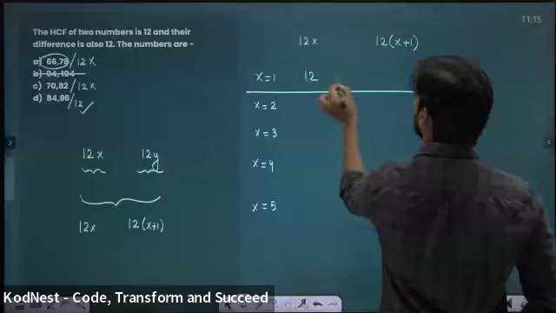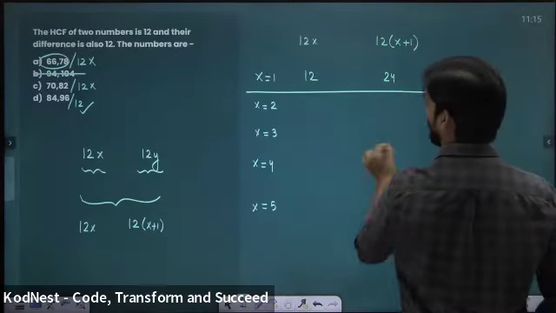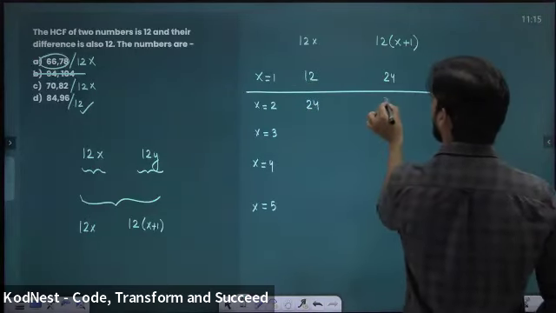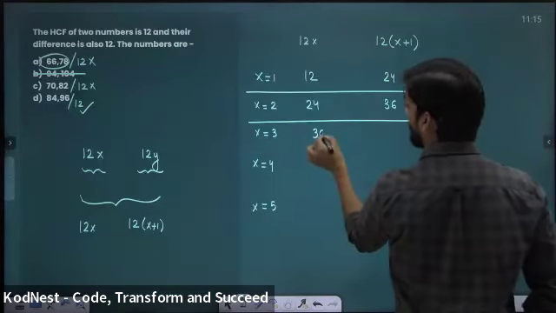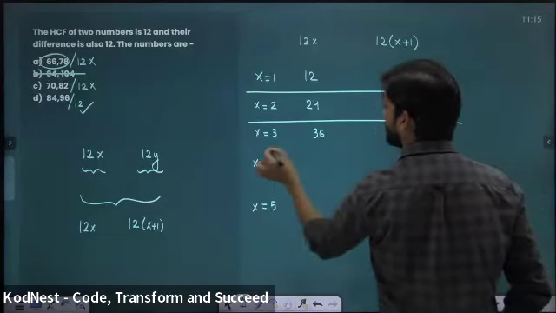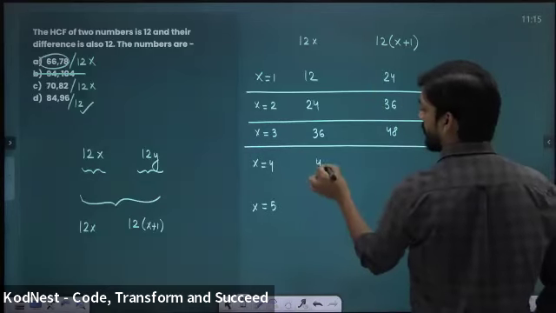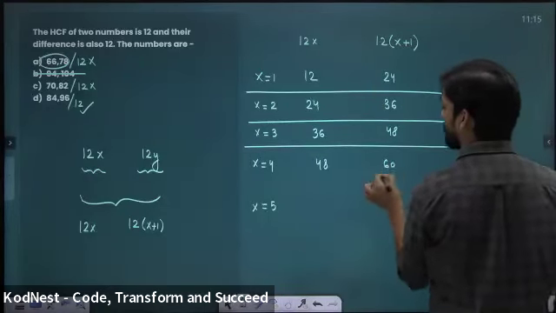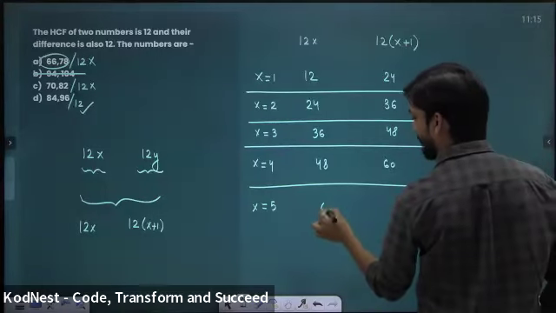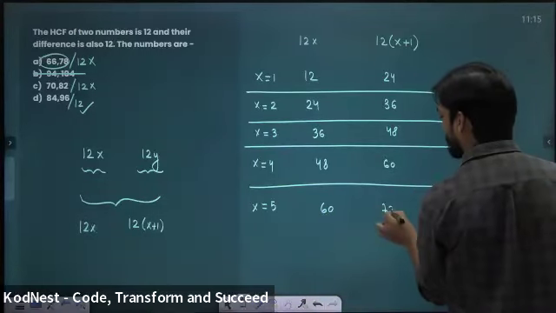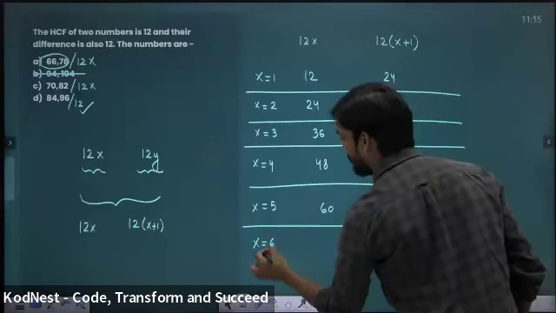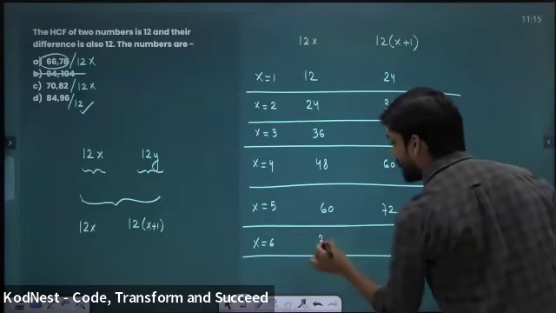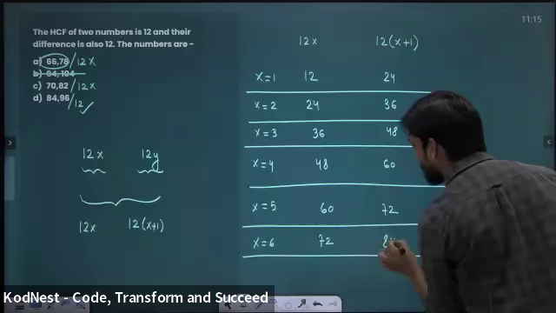So I will get 12, 24; 24, 36; 36, 48; 48, 60; 60, 72; 72, 84. Once the option matches, please tell me.